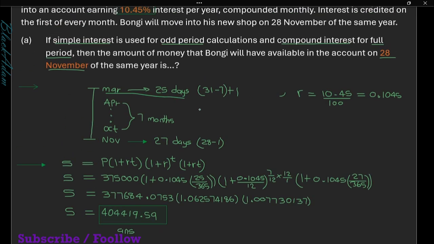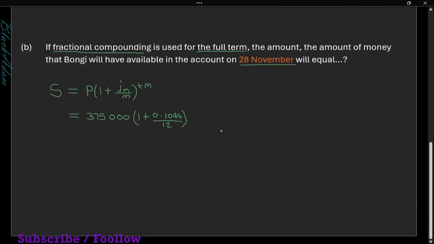You can see we have March with 25 days, we have the 7 months, and then we have November with 27 days. We write the first part, which is 25 over 365, that is for March, then the next months, 7 over 12, and then 27 days over 365 days, and all of that compounded monthly.